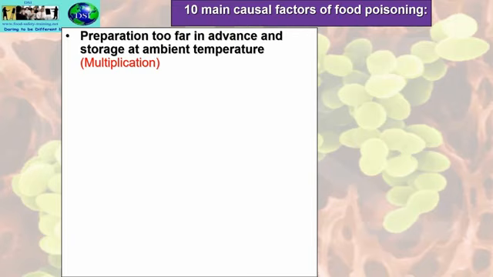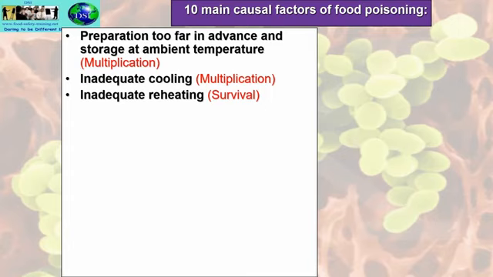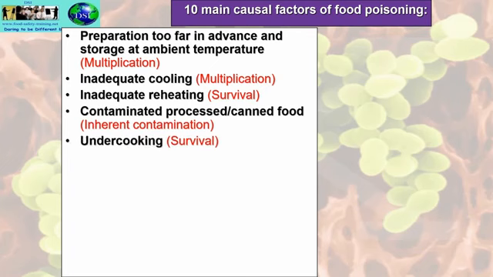The first one, number one on the hit parade, if you like, is preparation too far in advance and storage at ambient temperature. This gives rise to multiplication of bacteria within the food. Inadequate cooling, so again gives rise to multiplication. Inadequate reheating, so you get survival of bacteria. Contaminated process and canned food, so inherent contamination.